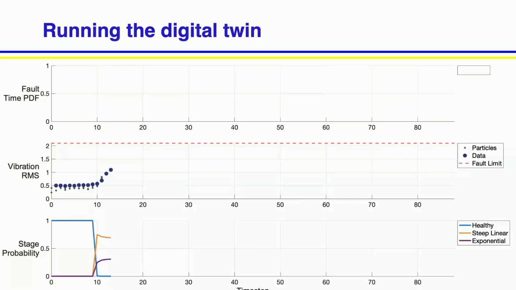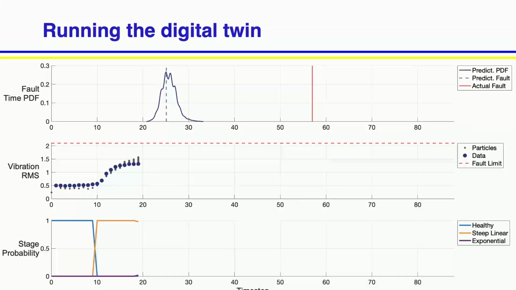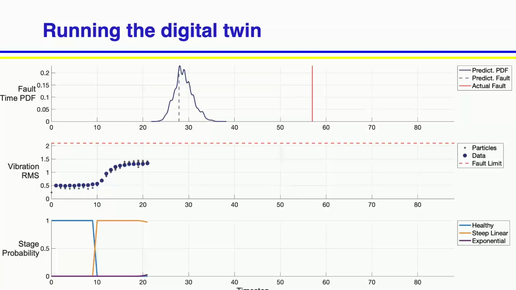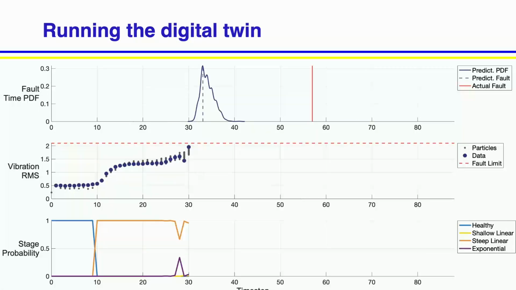And on the bottom, you can see, based on the number of particles, what's the fraction that are in the healthy stage, in the linear stage, or in the exponential stage. And based on those, we project forward. On the top, you can see when we predict that the fault will occur.